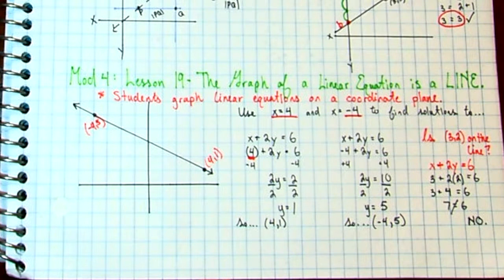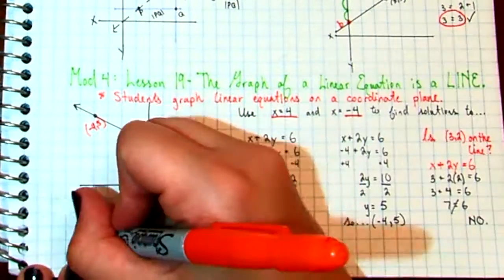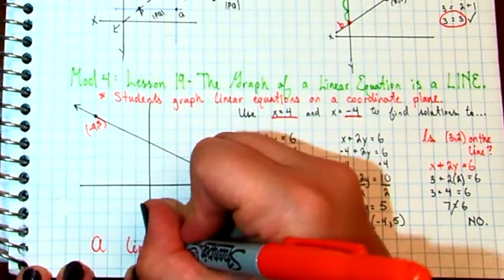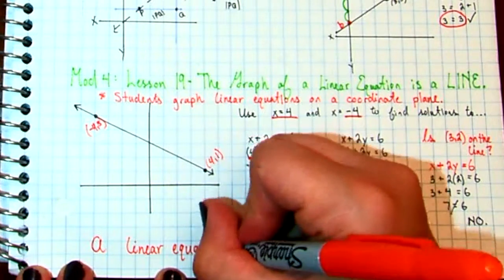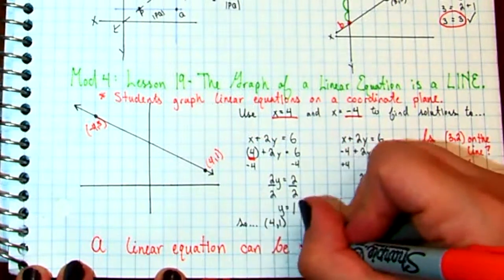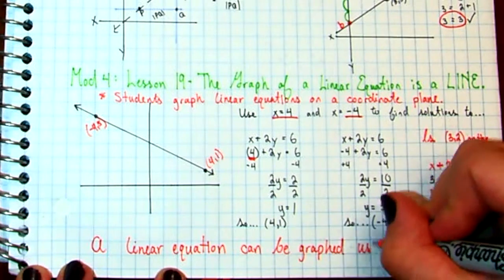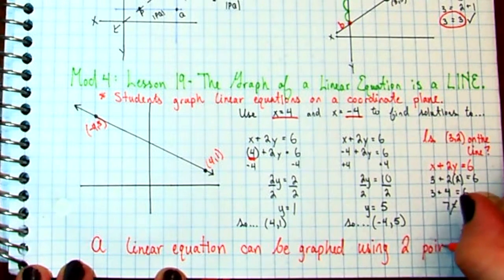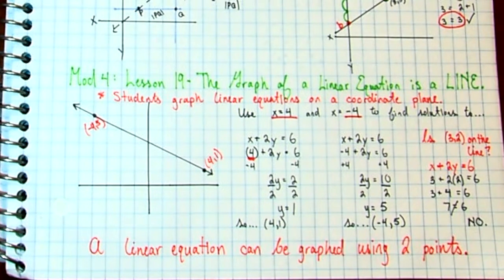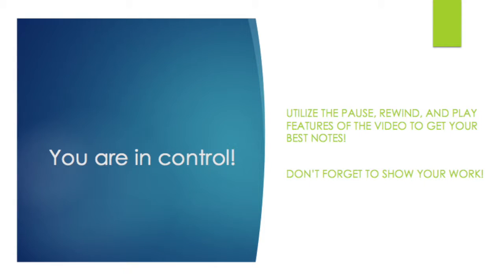In this case, it's not true because when I plug in 3 for x and 2 for y, I get 3 plus 2 times 2, which is 3 plus 4. That equals 7, not 6. But what you should notice through this example is that a linear equation can be graphed using only 2 points. I don't need a slope, I don't need a y-intercept.